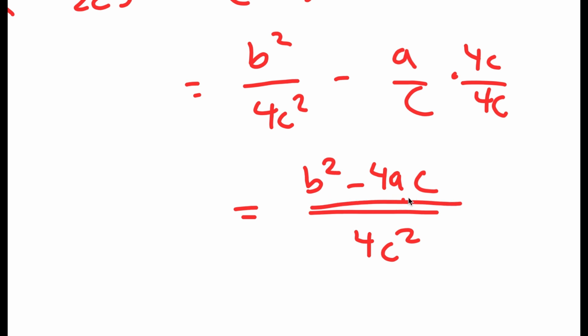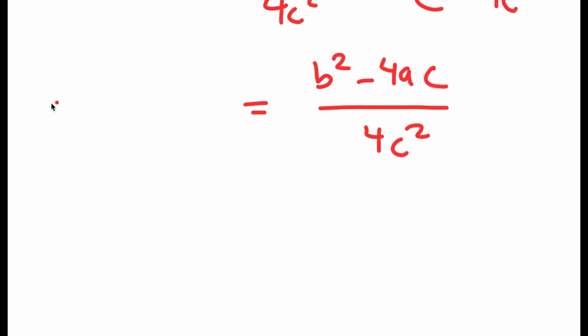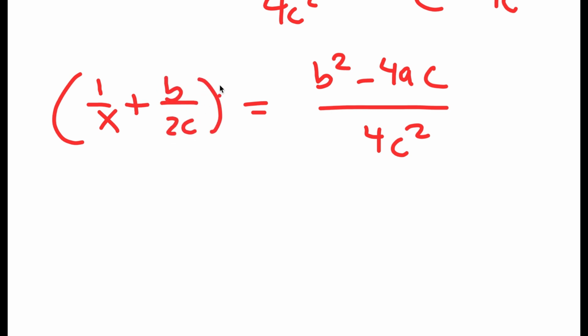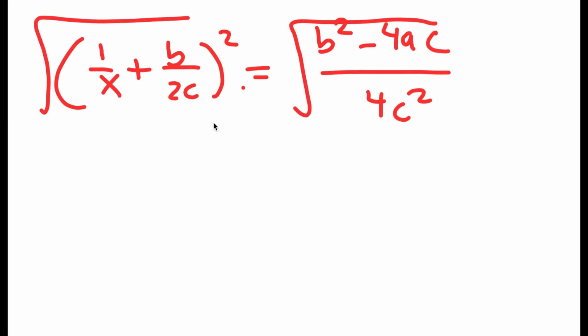So you guys find this part familiar? Well, it's in the quadratic formula, b squared minus 4ac. So we have b squared minus 4ac over 4c squared is equal to 1 over x plus b over 2c squared. Now I'm going to take the square root on both sides.